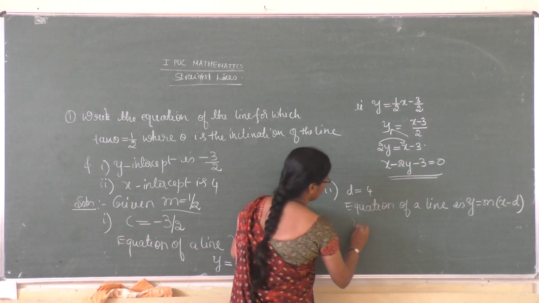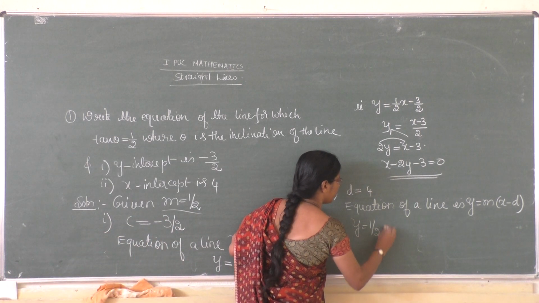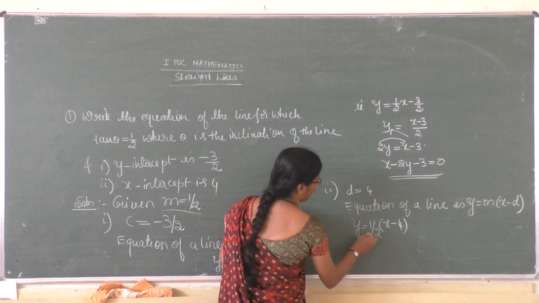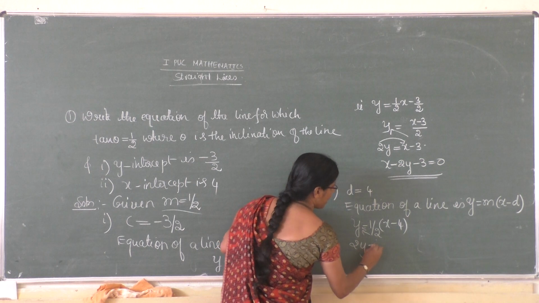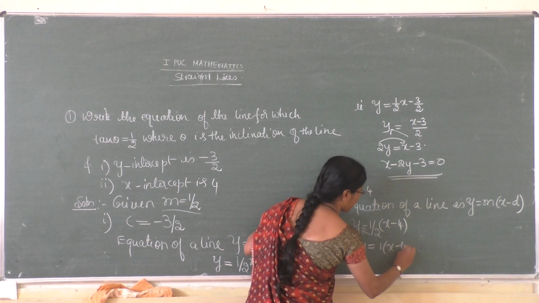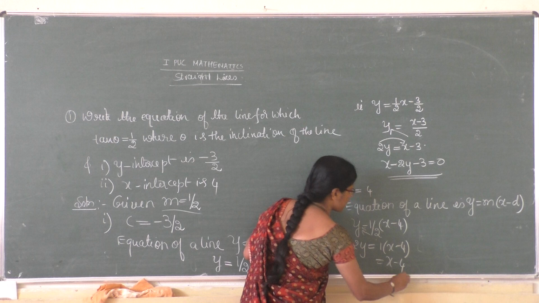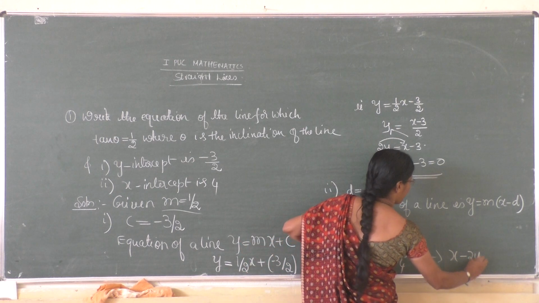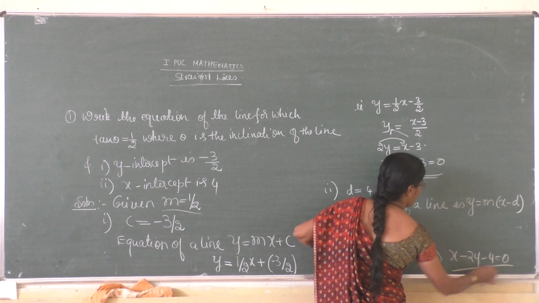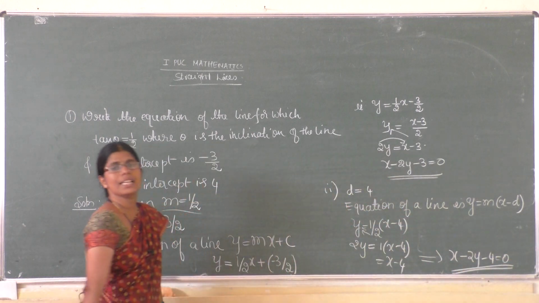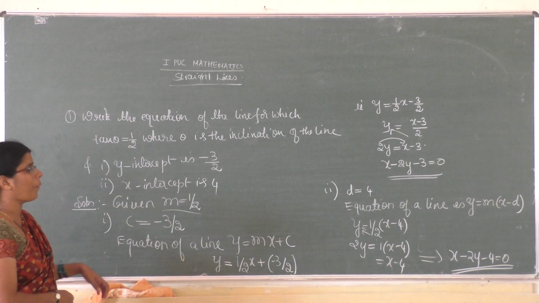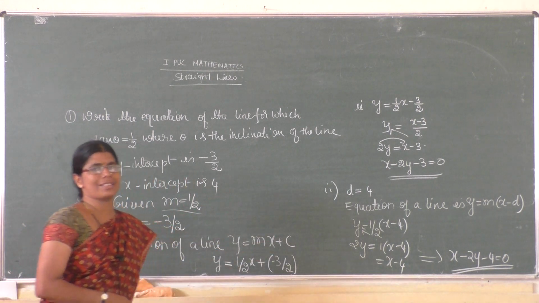So y equal to half into x minus 4. Cross multiply. 2y is equal to 1 into x minus 4, that is x minus 4. That implies x minus 2y minus 4 equal to 0. So this is the equation in the form we wanted.